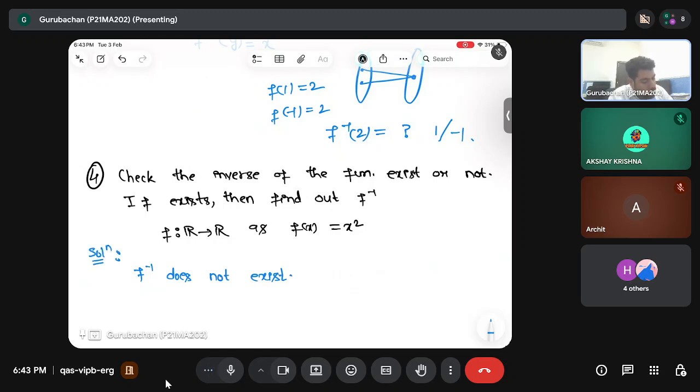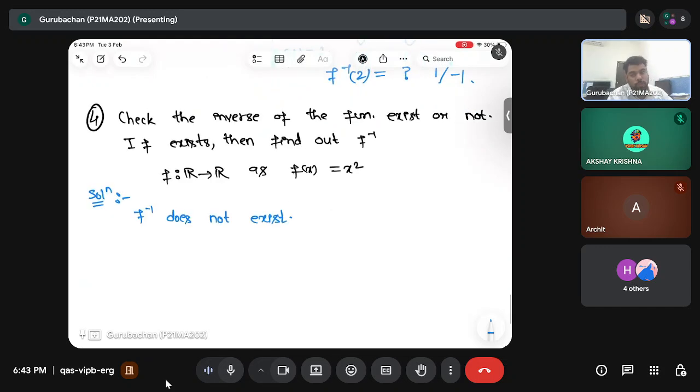But can we make it one-one onto? Suppose we define some new g function from this f. What can I do so that it will become one-one onto? Suppose I am defining it from R to R positive. Now is it one-one onto?